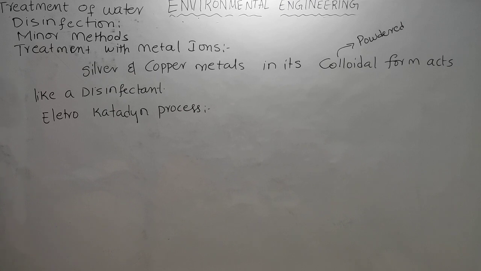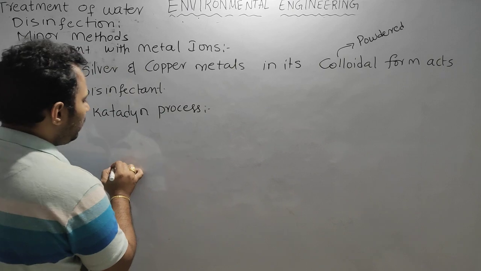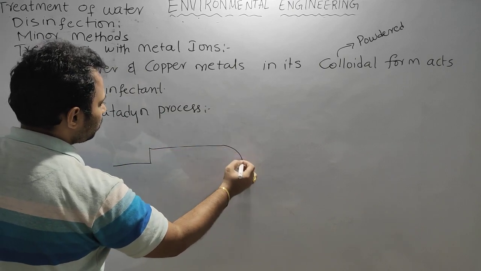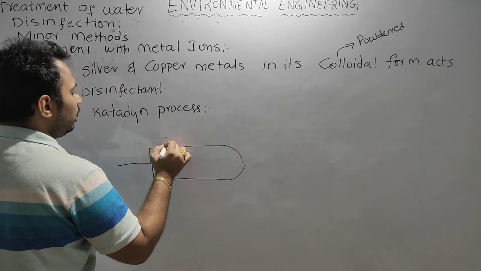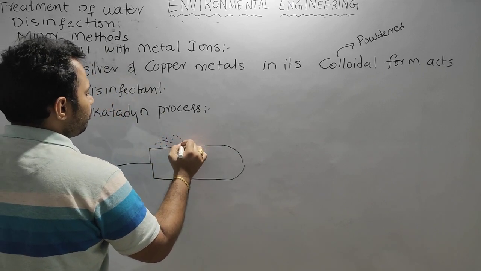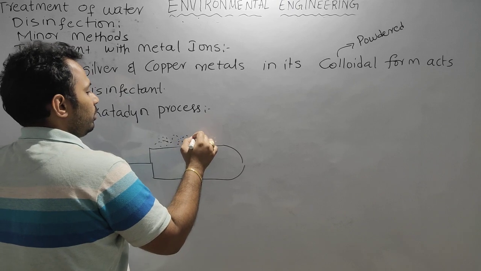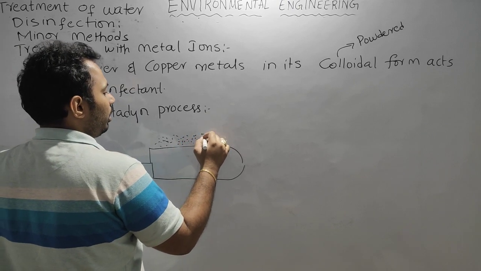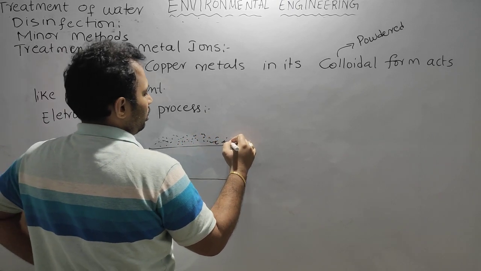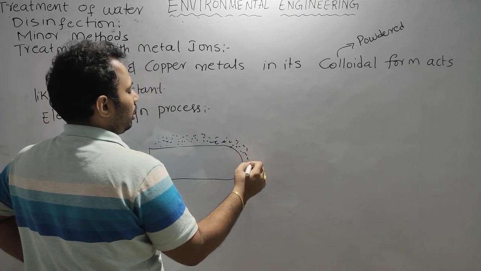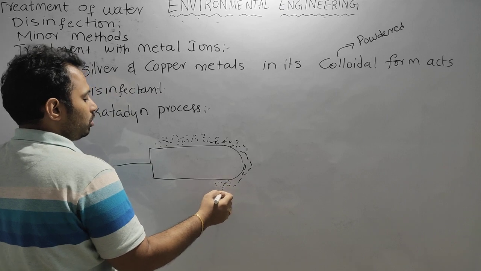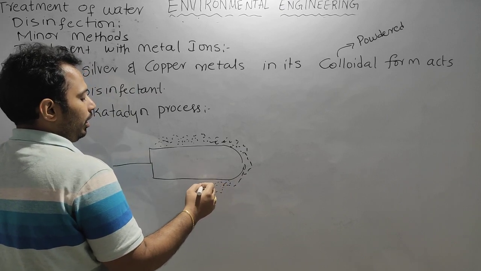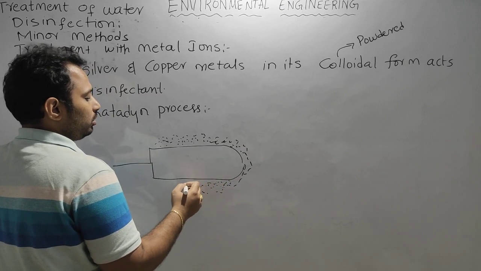In this electrocatadine process, there will be an electrode. On this electrode, silver in its colloidal form is coated. We also call it the silver catadine process or electrocatadine process.